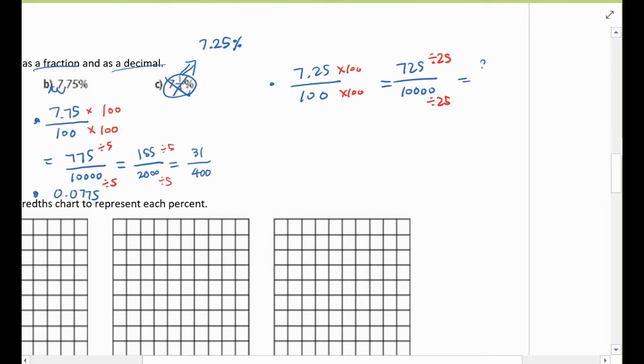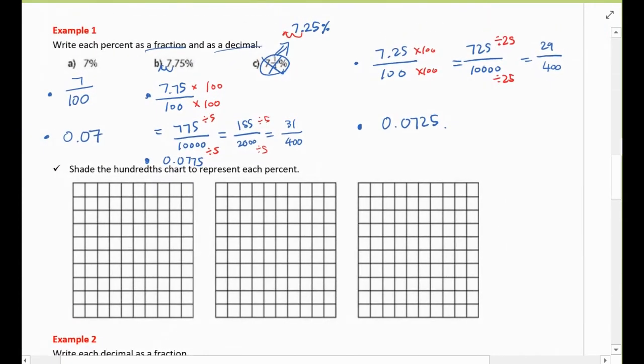Use your calculator to figure it out. 10,000 divided by 25 is 400. So the answer is 29/400. And decimal. Again, you just move 2 decimal places to the left, then that is 0.0725.